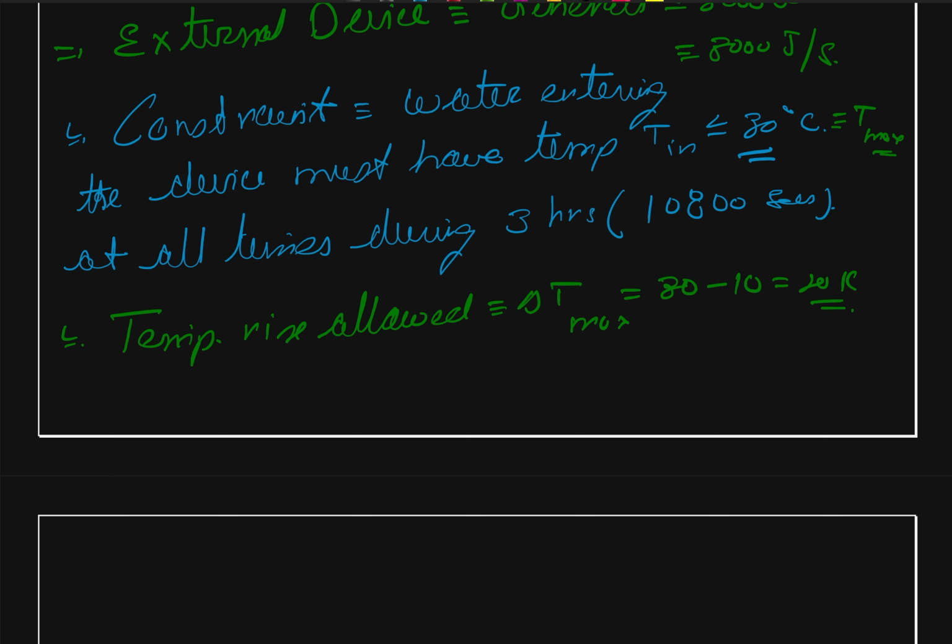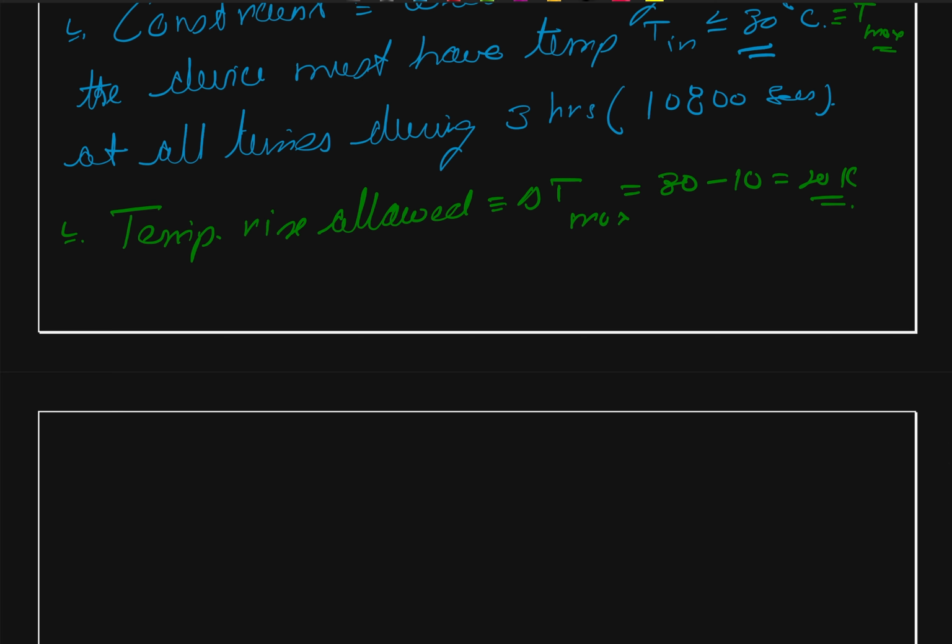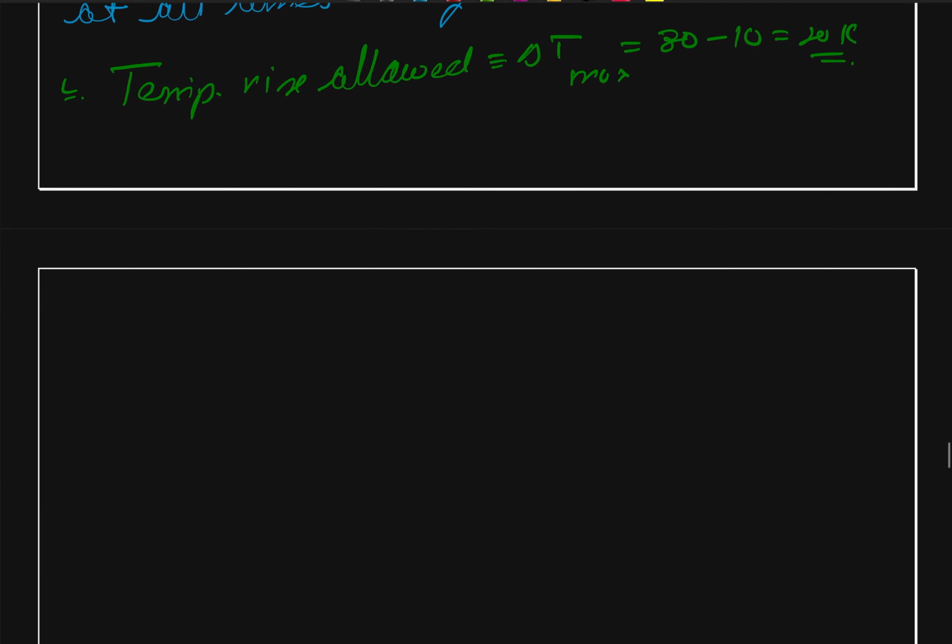And this basically is, in general, we can say that the energy generated during 3 hours should be balanced by the energy consumed during these 3 hours. Okay. So first of all, we are going to find out the total heat added by the device over 3 hours, because it is also generating heat.